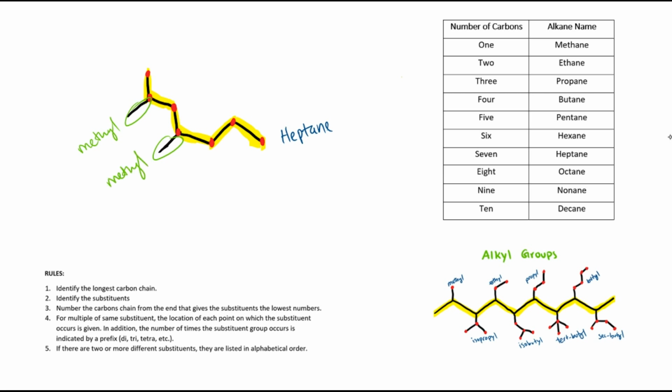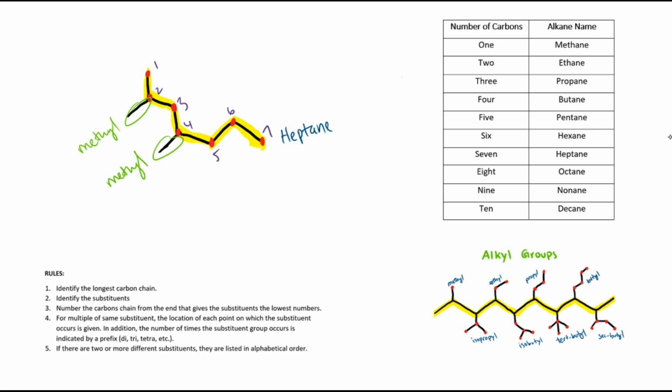Now we have to number the carbons of the parent chain in a way so that these 2 methyl groups get the lowest possible number. Since they are closer to the top side or the left side, we'll start numbering from that side. 1, 2, 3, 4, 5, 6, 7.